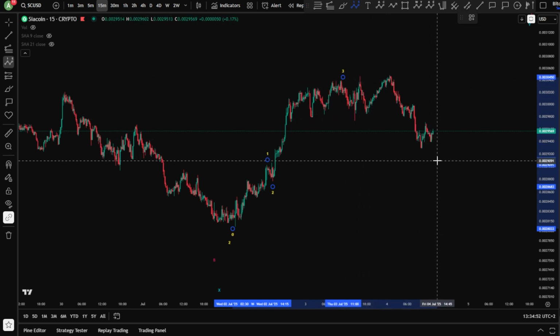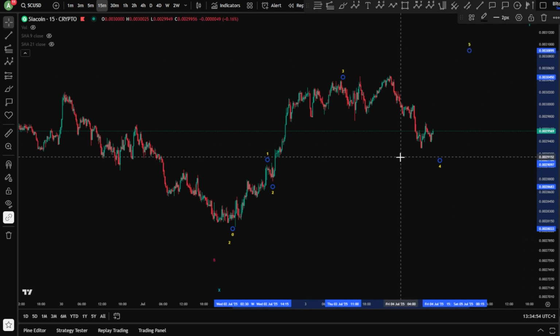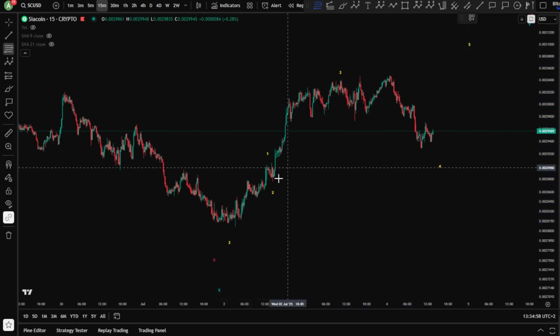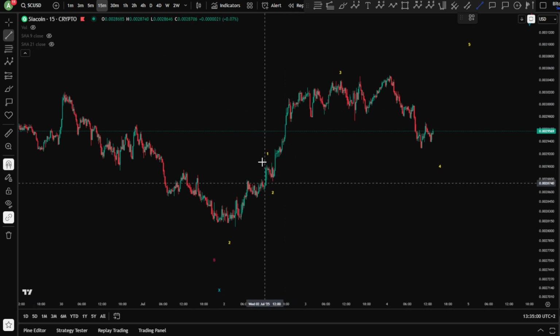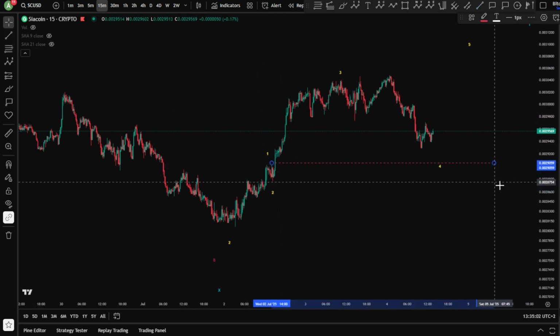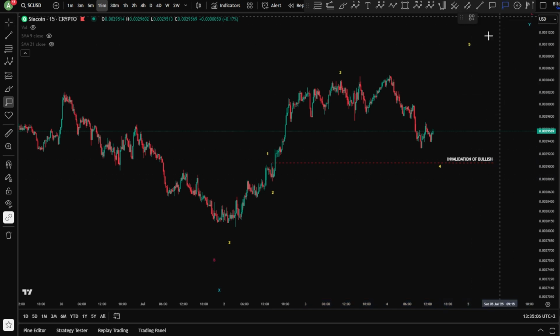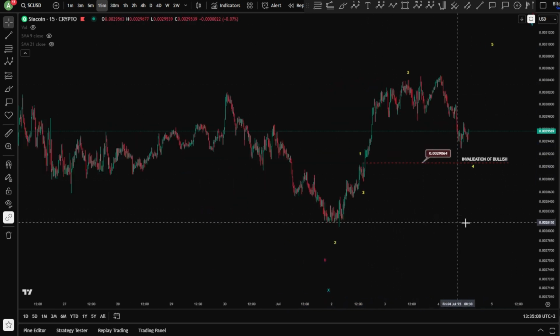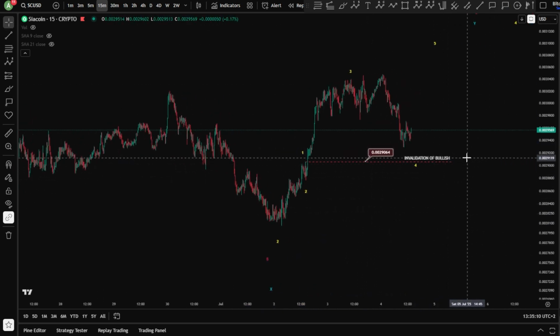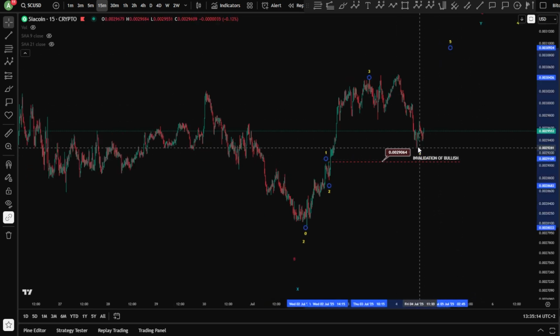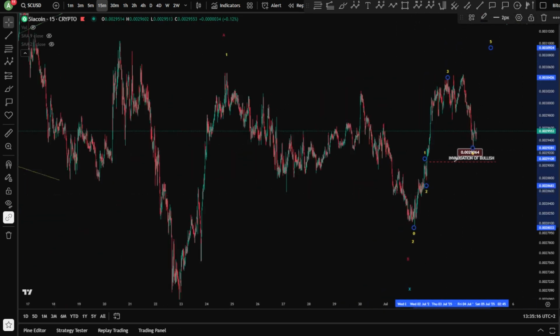So this is a wave 4 and a 5 here. This might be a wave 4 unfolding, but we have to be careful with this invalidation of bullish. Again, a key level to be watched. If we take this price, that is not a good sign. We would like to see simply continuation toward the upside. This might be your wave 4 here for Siacoin.